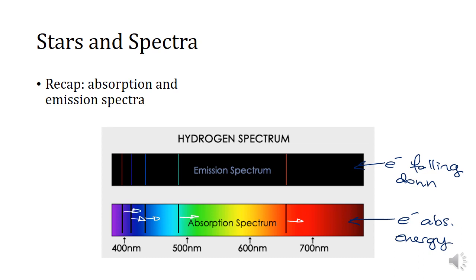So that red shift is part of how we can measure the distance of stars from Earth. So these spectra are super useful to us, not only because they tell us about the composition of stars, but it can also tell us how far away those stars are.